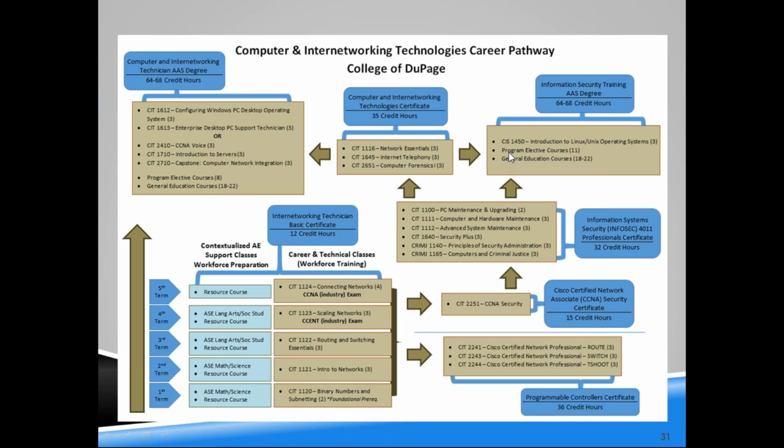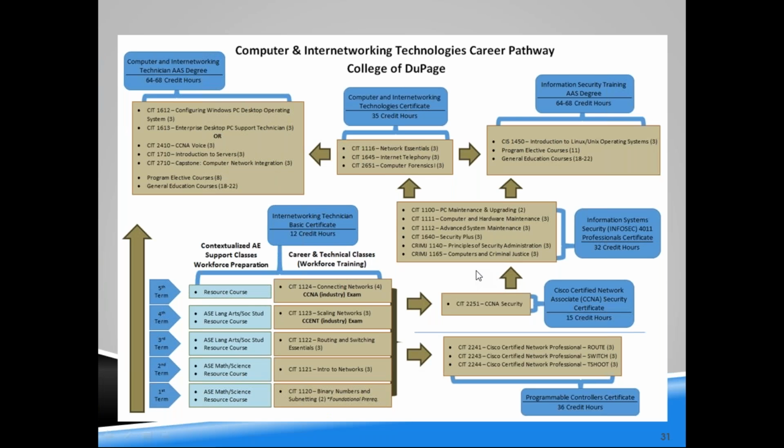And from there, they can either go directly into the Information Security Training AAS, or they can go for another certificate here, Computer and Internetworking Technologies. And from there, then they can choose between these two AAS degrees, the Computer and Internetworking Technician degree or the Information Security Training degree.